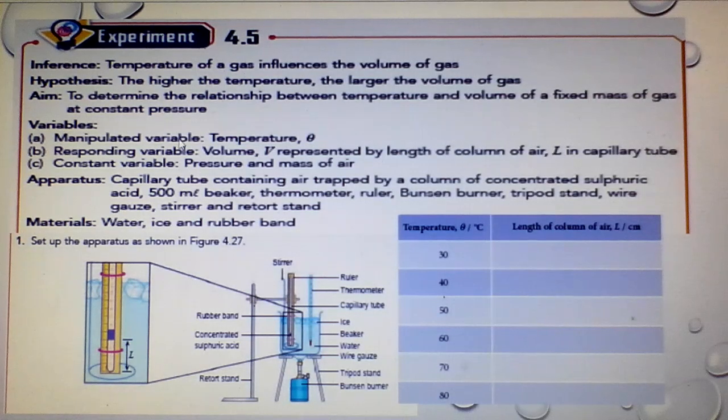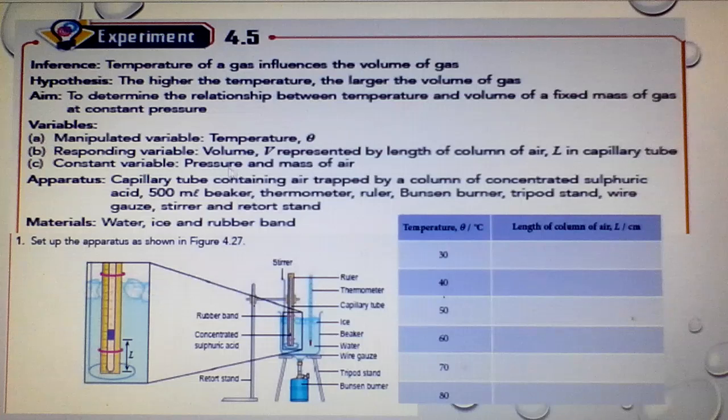We have three variables here. As you can see, Charles's Law discusses volume and temperature, meaning the other one, pressure, must be constant, and of course mass is also constant. Manipulated variable: temperature, theta. Responding variable: volume, V, represented by the length of column of air, L, in the capillary tube.